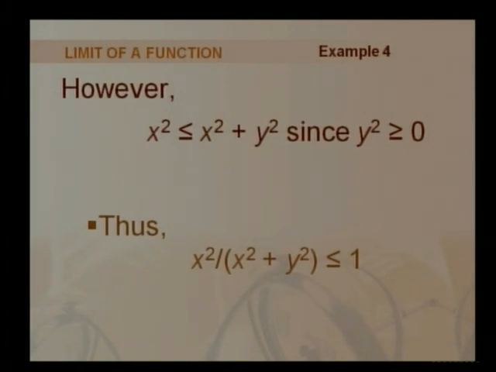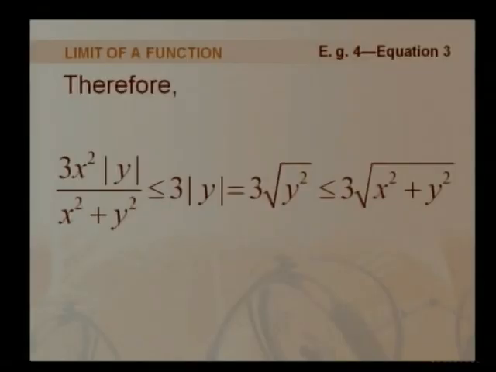Thus, if we divide x square by x square plus y square, we get the value x square upon x square plus y square is less than 1. Therefore, 3x square into modulus y upon x square plus y square is less than or equal to 3 modulus y.